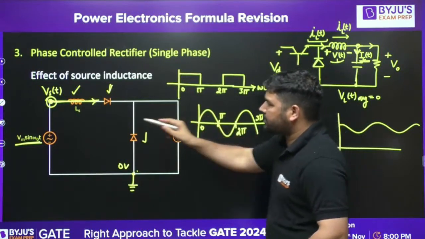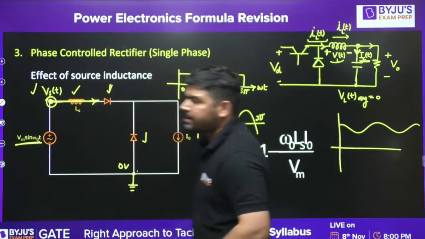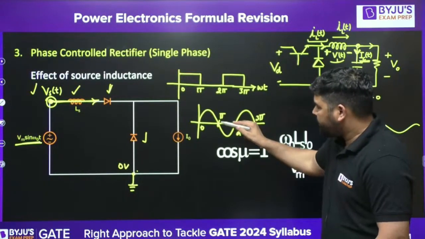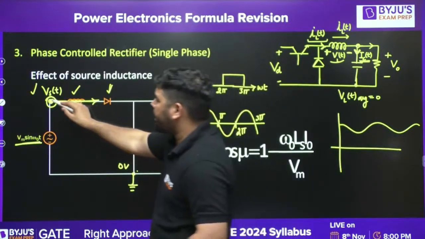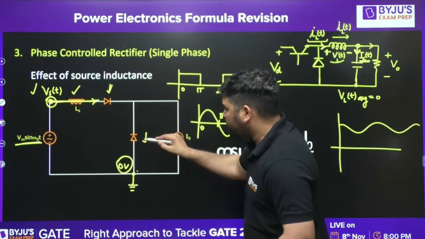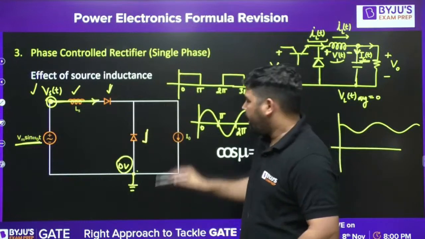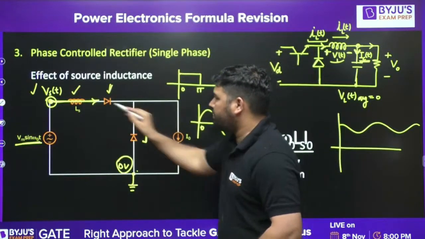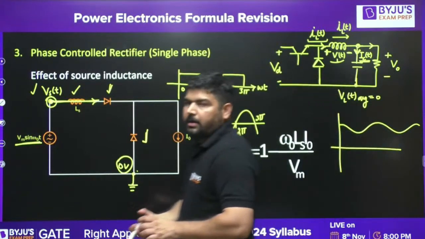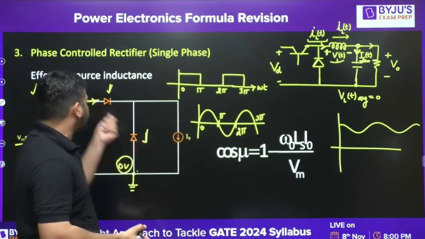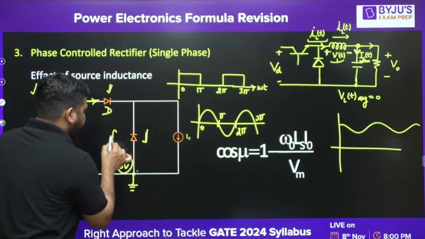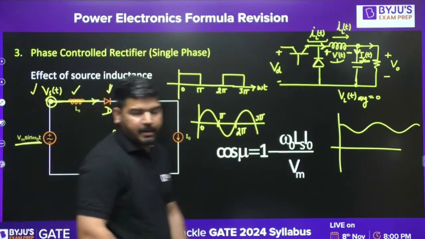Whenever this VST is negative, this point is negative and this is 0. Now 0 is higher than the negative value, so the freewheeling diode will conduct. The current will circulate here, and there will be 0 current through the source. So during this positive interval, this D will conduct, and during this negative interval, the freewheeling diode FD will conduct.